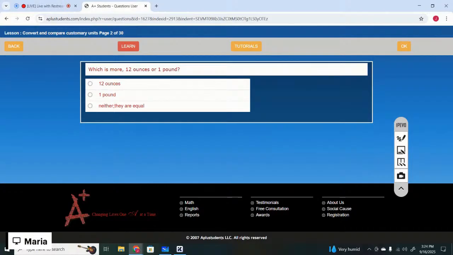Which is more, 12 ounces or 1 pound? I think they both are exactly equal because 1 pound is the same as 12... 12 or 16?